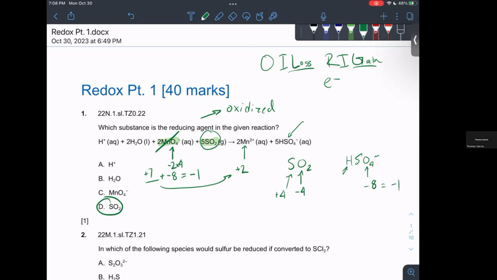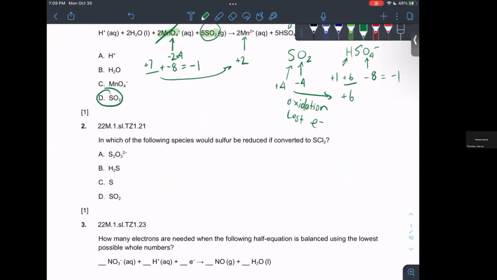A hydrogen has an oxidation state of +1. So 1 plus some number minus 8 is still -1. That should be a +6. 1 plus 6 is 7. 7 minus 8 is -1. So it becomes a +6. Going from +4 to +6 is oxidation, because it gained a charge, which means it lost electrons.